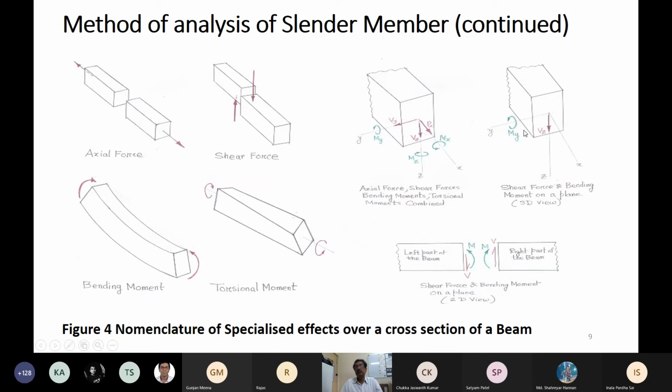So we can start our discussion with the effect on the slender member of the moment My and Vz. This is called the bending moment in 2D plane figures, and the shear force. So the bending moment and shear force.